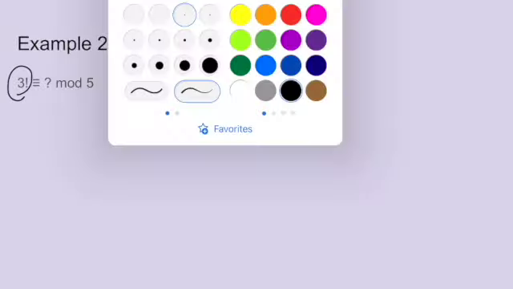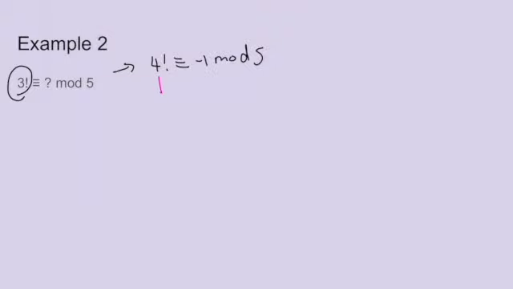Moving on to example 2. So we know that 4 factorial must be congruent to negative 1 in mod 5. But the problem is asking us to find 3 factorial. So what we could do is rewrite this 4 factorial as 4 times 3 factorial is congruent to negative 1 mod 5.